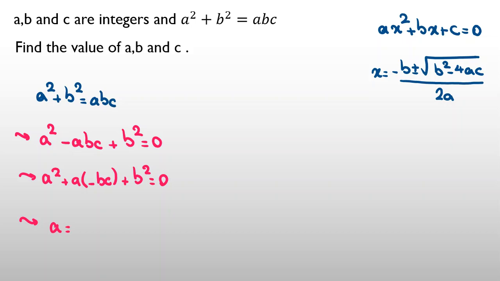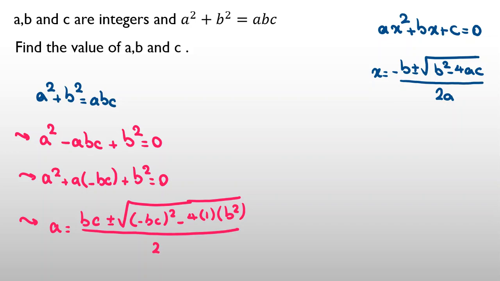So if I want to find a, it will be negative of negative bc, plus or minus the square root of negative bc squared minus 4 times 1 times b squared, all over 2 times 1.